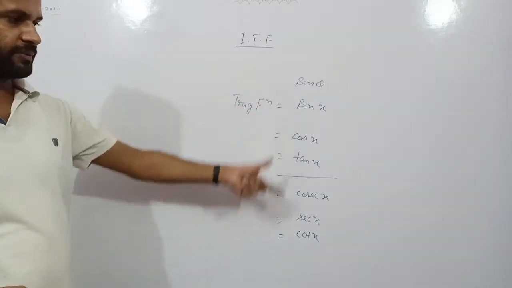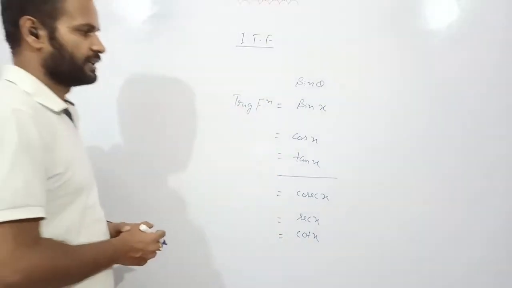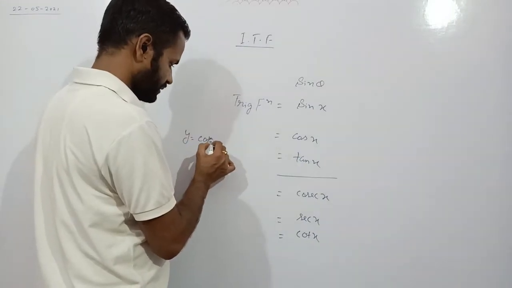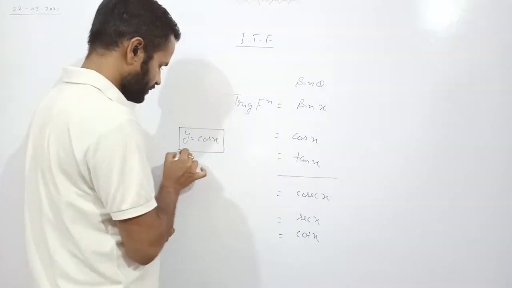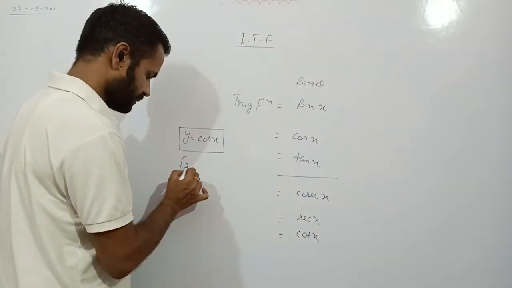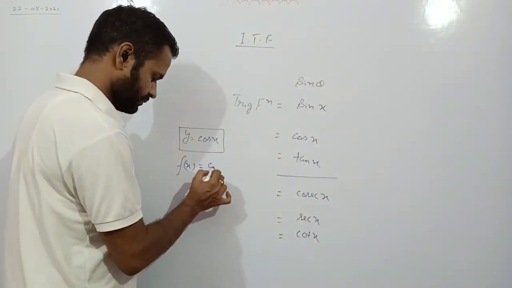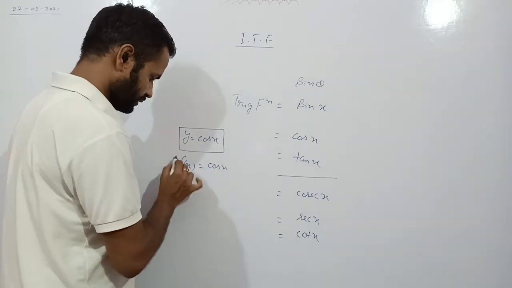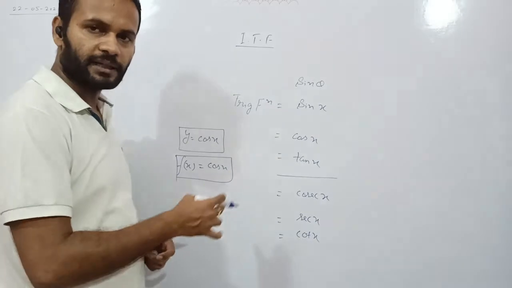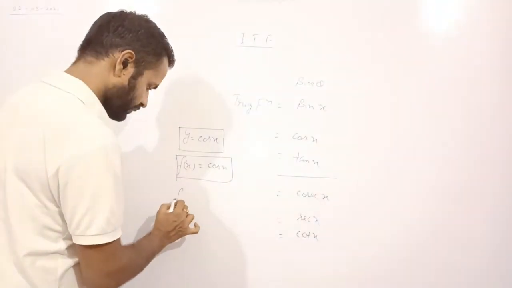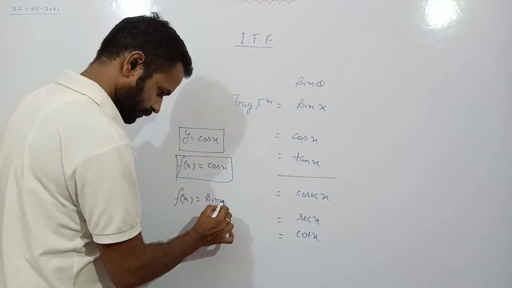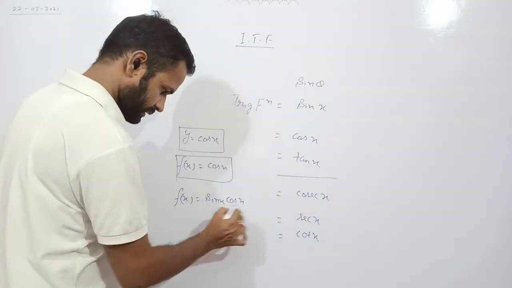So what are trigonometric functions? These are trigonometric functions. If I say y equals to cos x, then this y equals to cos x is a trigonometric function. Or we can say in place of y, fx equals to cos x. So there can be 4 more types of trigonometric function. There can be a hybrid type of trigonometric functions also, which can be written as sin x, cos x.